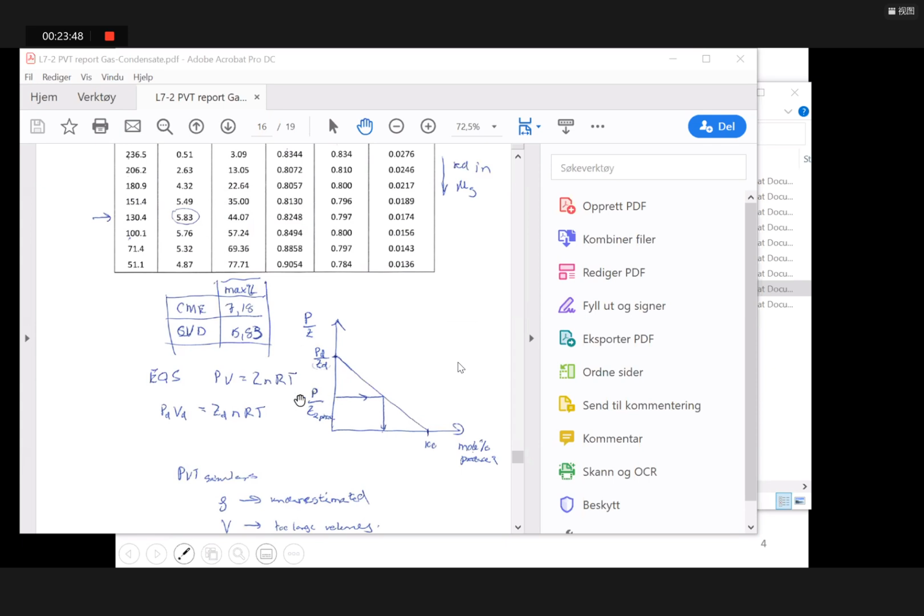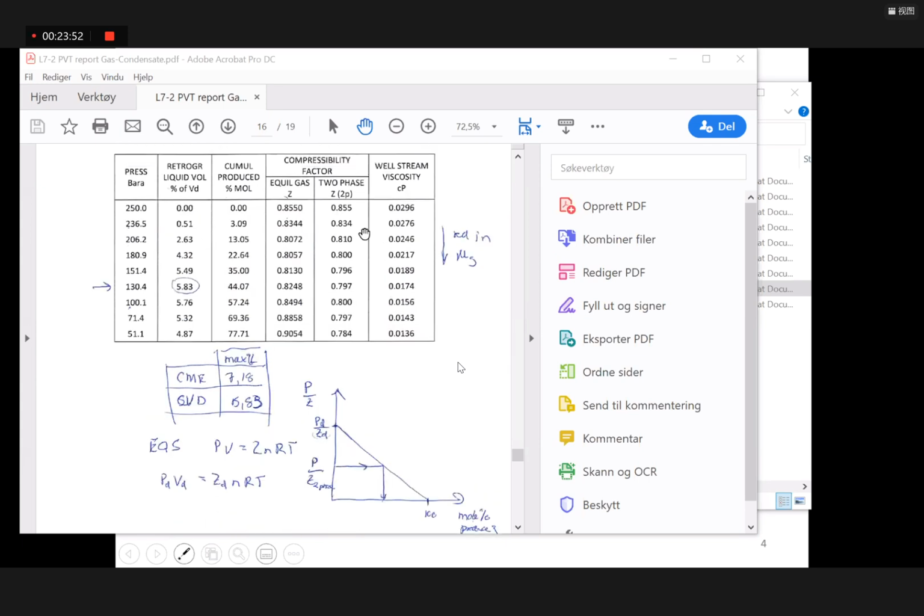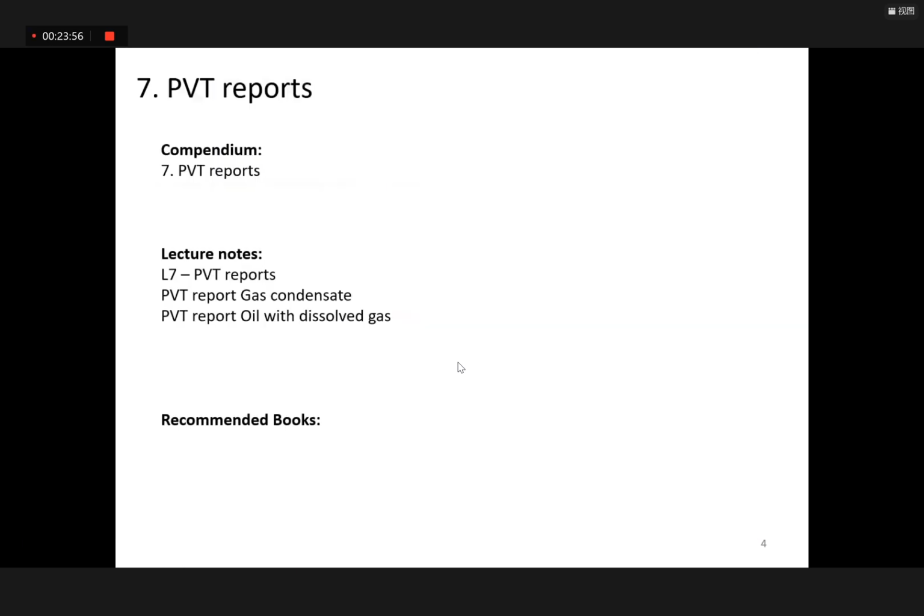So based on the pressure and the Z factor, two-phase Z factor, we can estimate what happened.